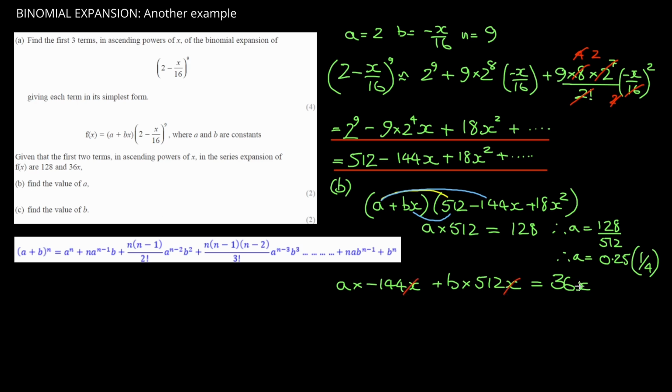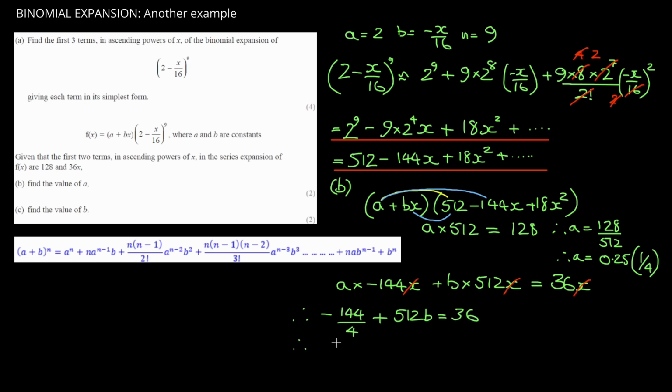X cancels all the way through, and we're left with an equation in a and b, of which we know a. So simplifying and substituting, I get therefore negative 144 over 4. That's the negative 144, and this is 1 over 4, plus 512b is equal to 36.